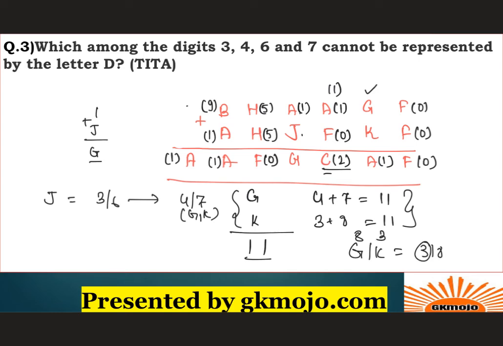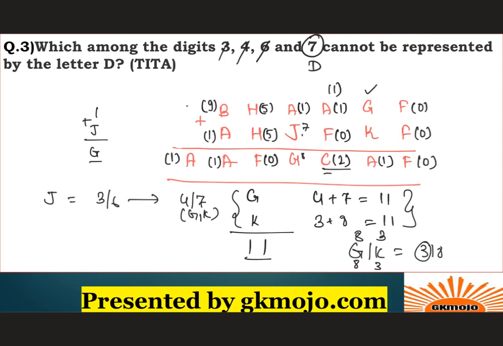Now if g is 8, j should essentially be 7. If k is 3, then d can take 4. So 3 cannot be possible, 4 cannot be possible, 6 cannot be possible. The only number that cannot be represented as D will be 7. Why?